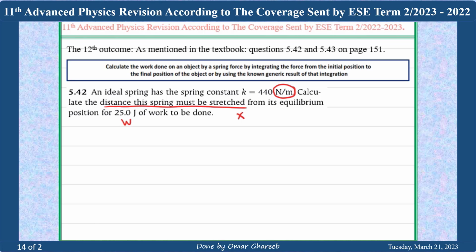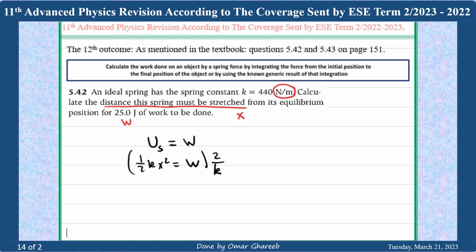Now put the potential energy stored in the spring equals the work on that spring. The potential energy stored in the spring is 1/2 k x squared equals W. Multiply 2 sides by 2 over k.